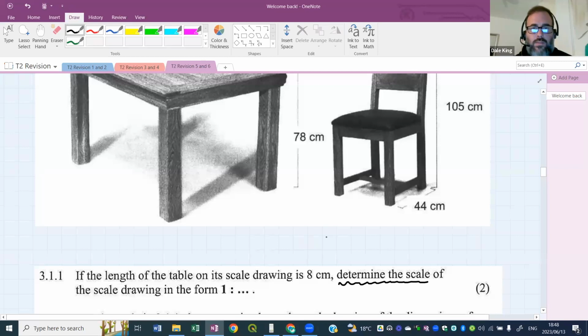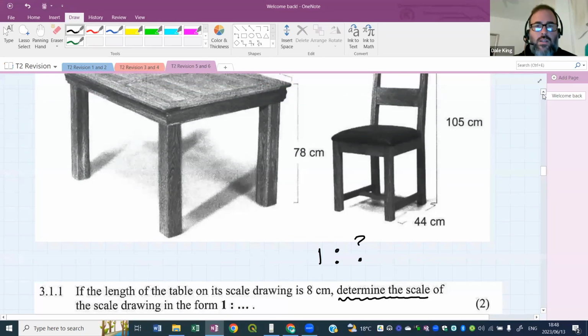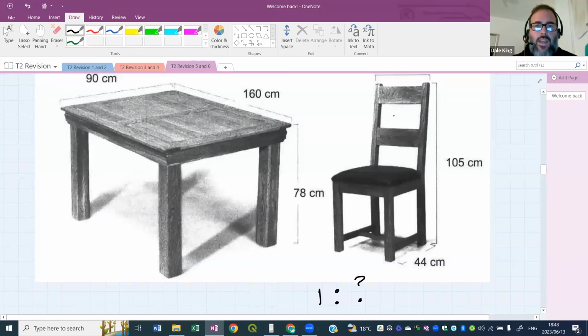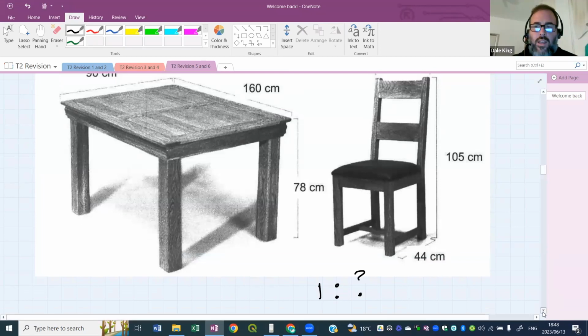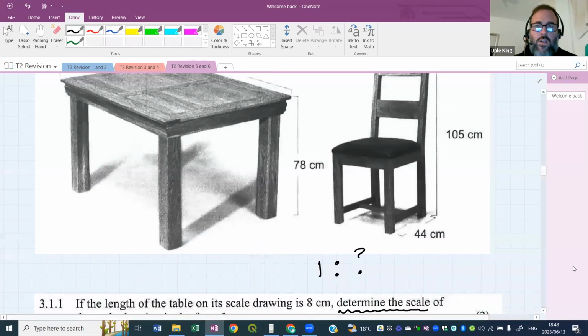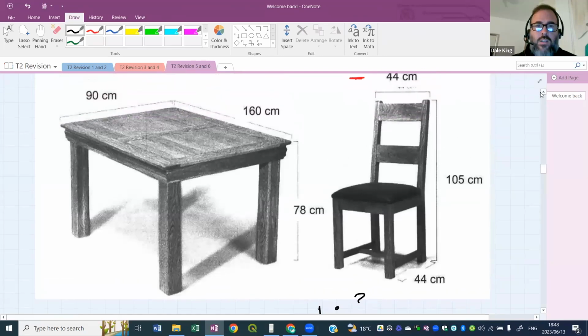Well, would anyone like to help me? Who would like to try? Who knows how we could try to do this question? There's a scale drawing here of table and chairs. They say that if the length of the table on the drawing is 8 centimeters, what do they mean?